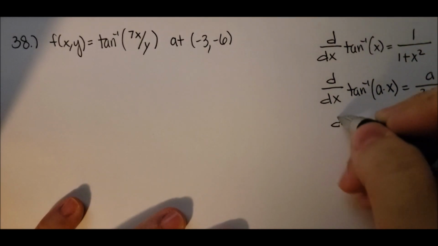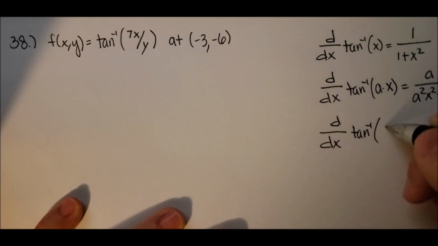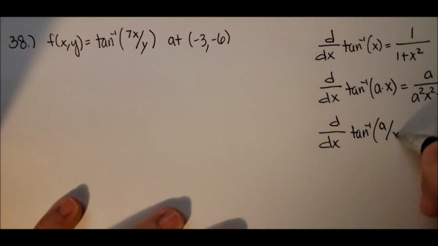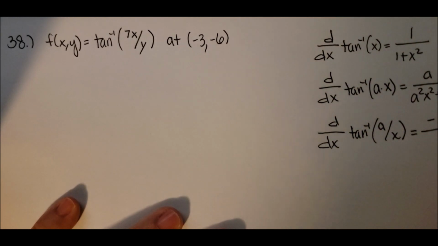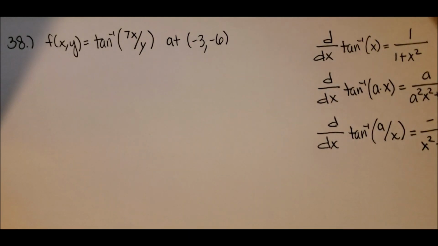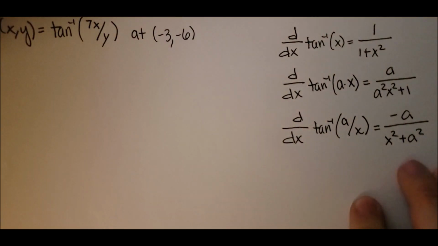And the derivative of the inverse tangent of a constant over x would be negative a over x squared plus a squared.